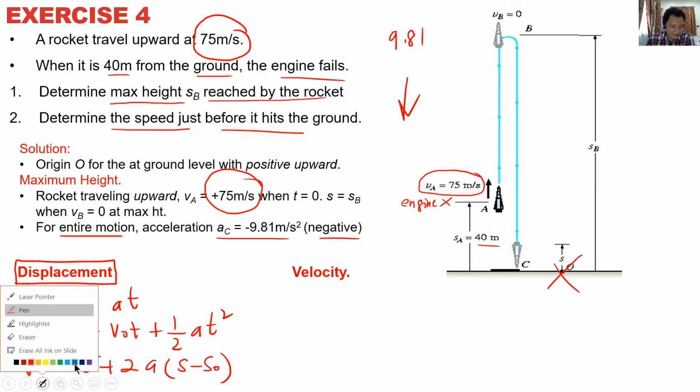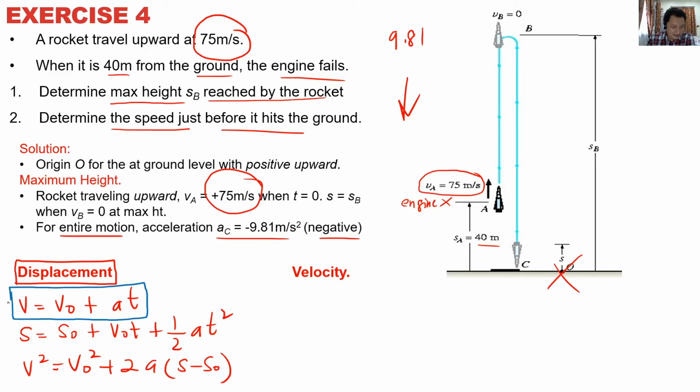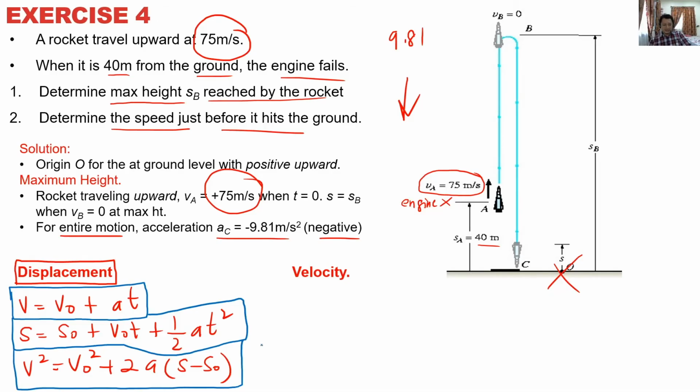If you don't remember this yet, you can look at the handouts or your formulas, or you can memorize this one. So these are the 3 equations which you can use for any motion under gravitational pull or constant acceleration.